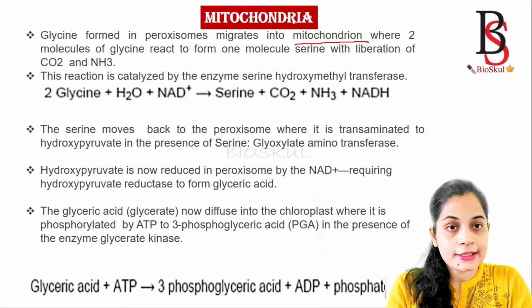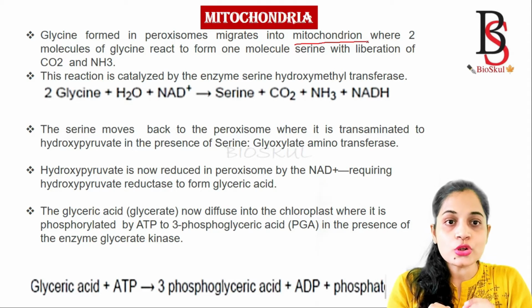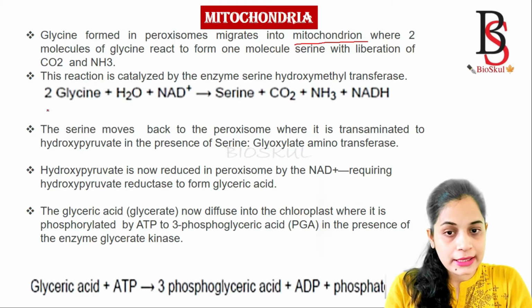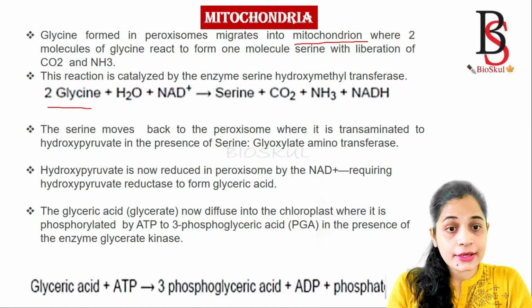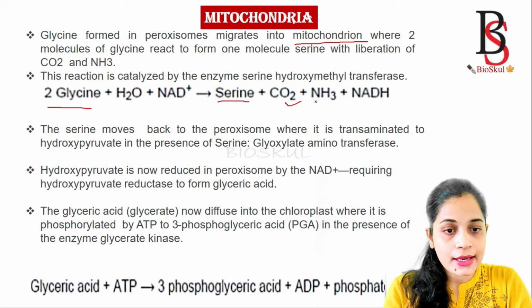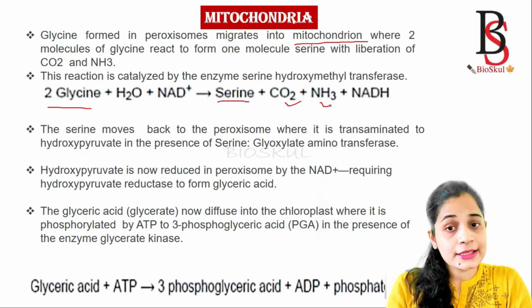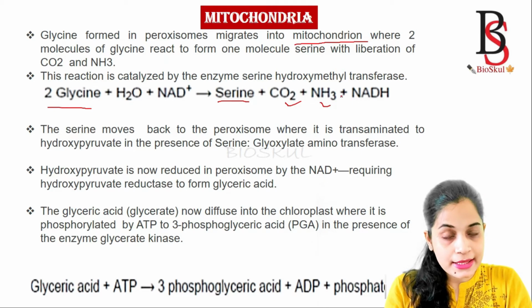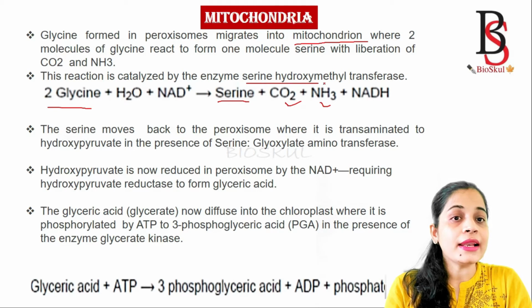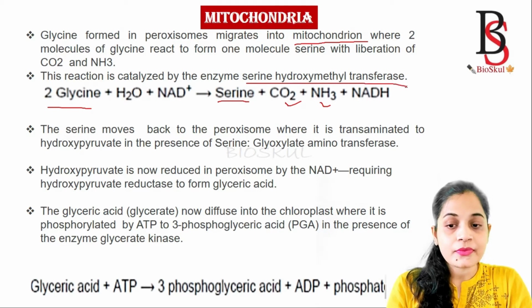That acts as a channel through which the glycine migrates from the peroxisome into the mitochondria, where two molecules of glycine react to form serine with the liberation of carbon dioxide and ammonia. This reaction is catalyzed by the enzyme serine hydroxymethyltransferase.